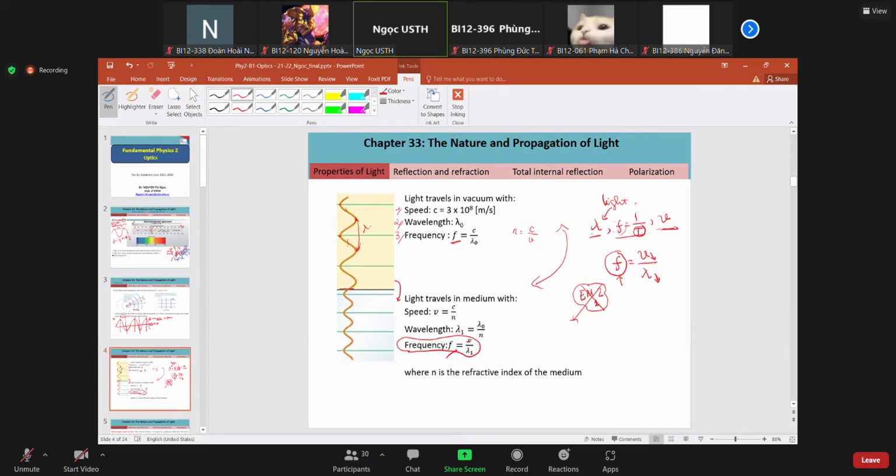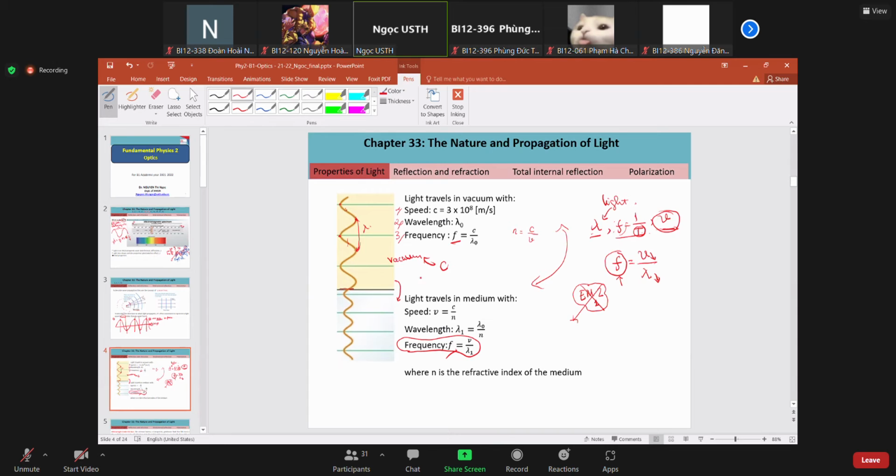But keep in mind that here is the vacuum. The velocity here, we use a special symbol. It's c, only for the velocity of light in vacuum. We don't call it v, the normal one, but c.